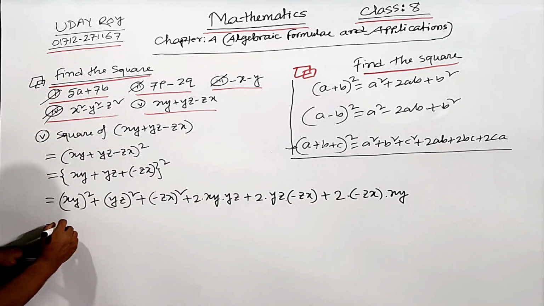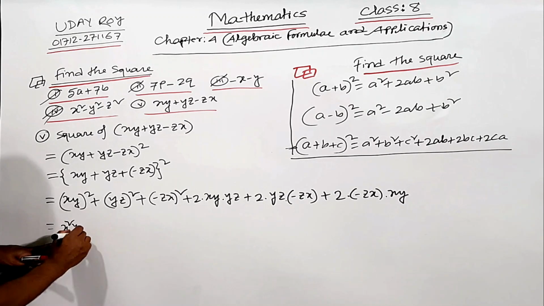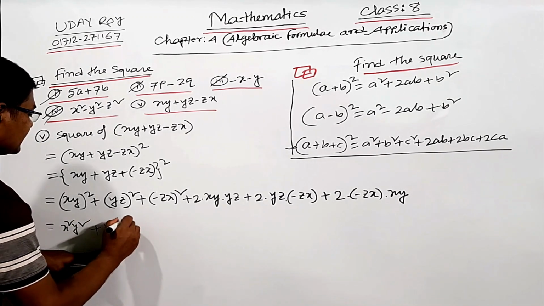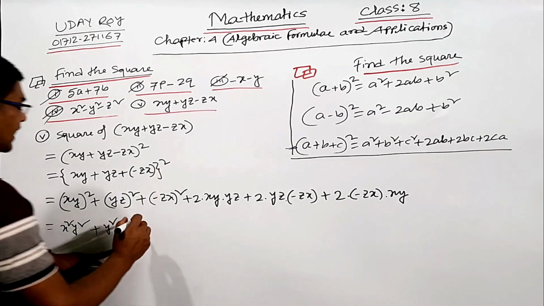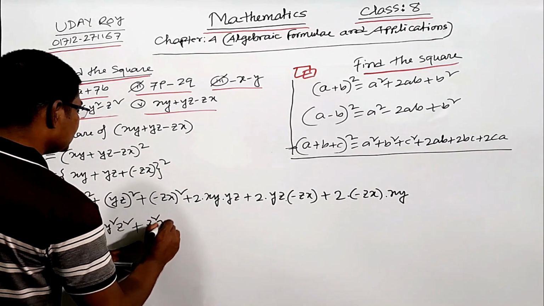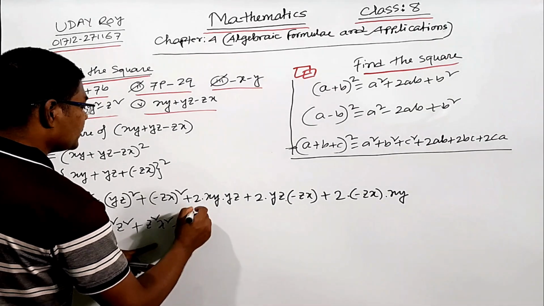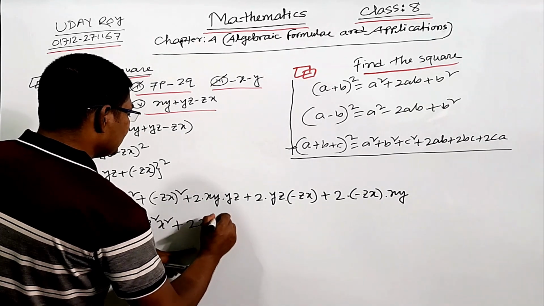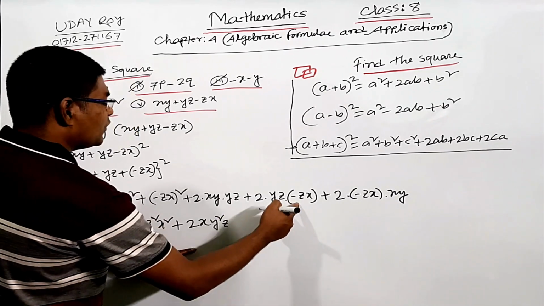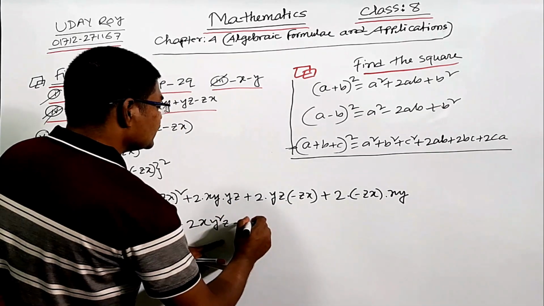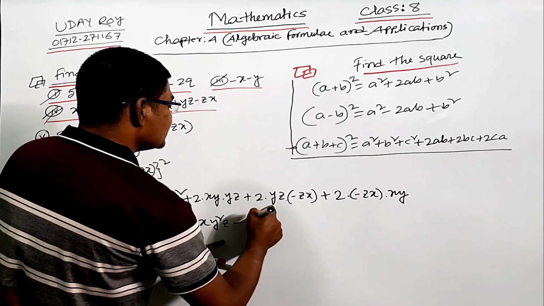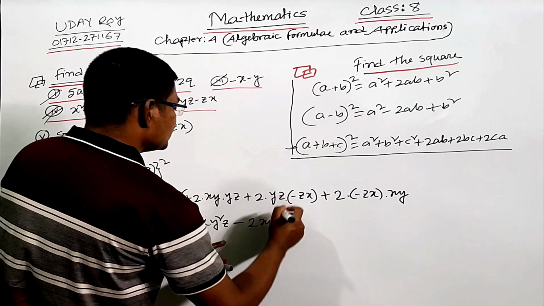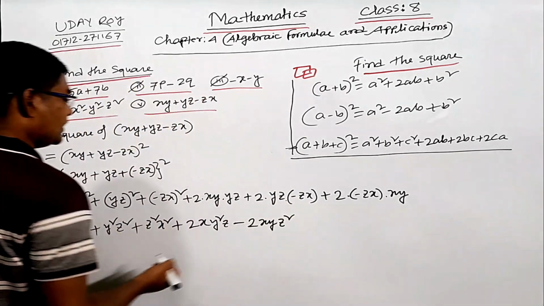If we withdraw the bracket, we have x square y square plus y square z square plus z square x square, and 2 into xy into y square z, minus 2 into xy into xy, z into z, z square.